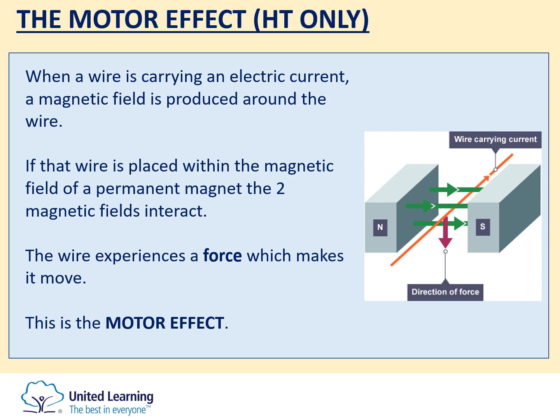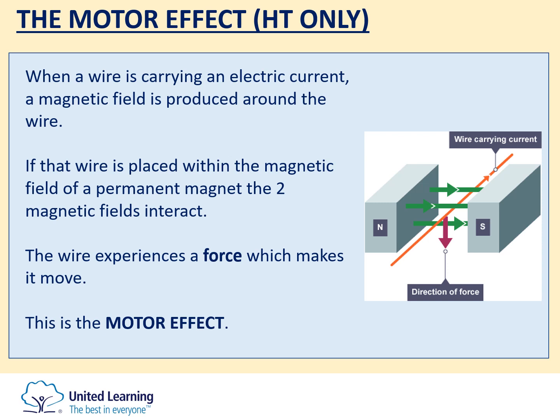So the piece of wire has a magnetic field around it as a result of it carrying a current, and that interacts with the magnetic field of the magnets around it. And as a result of that, the wire experiences a force which makes it move. This is our motor effect. So the current in the wire interacts with the magnetic field and that produces movement.